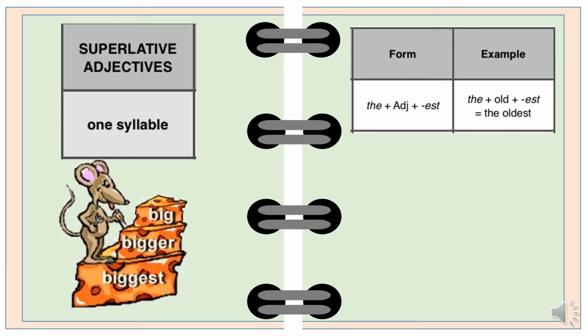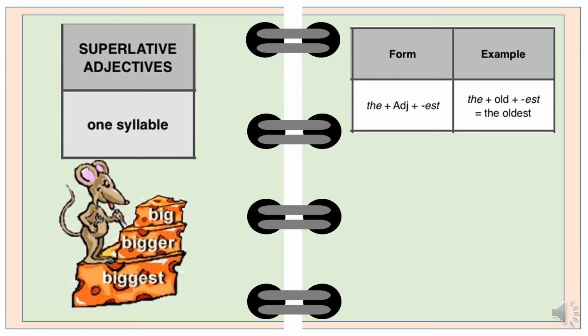Look, we add the plus the adjective, for example, big or old, sorry. It will be old plus est. So the example will be the adjective old plus est. What will be the complete word? The oldest. And that's what we call a superlative adjective, okay?